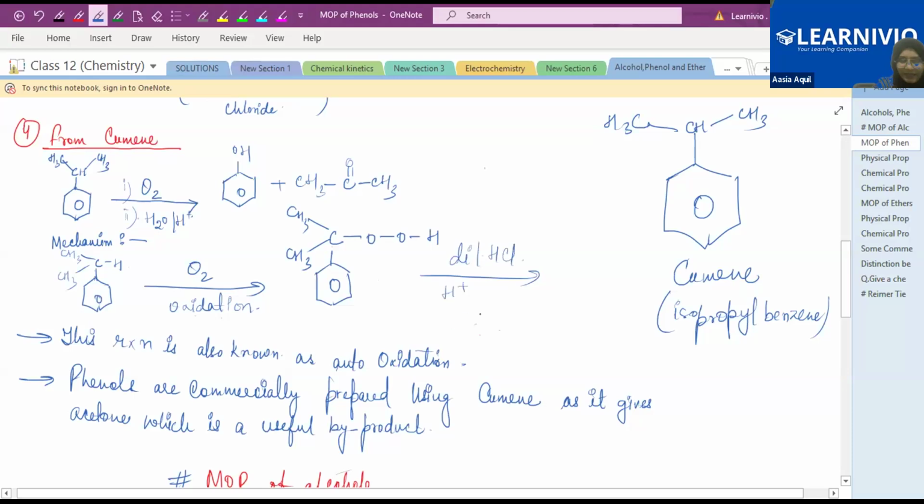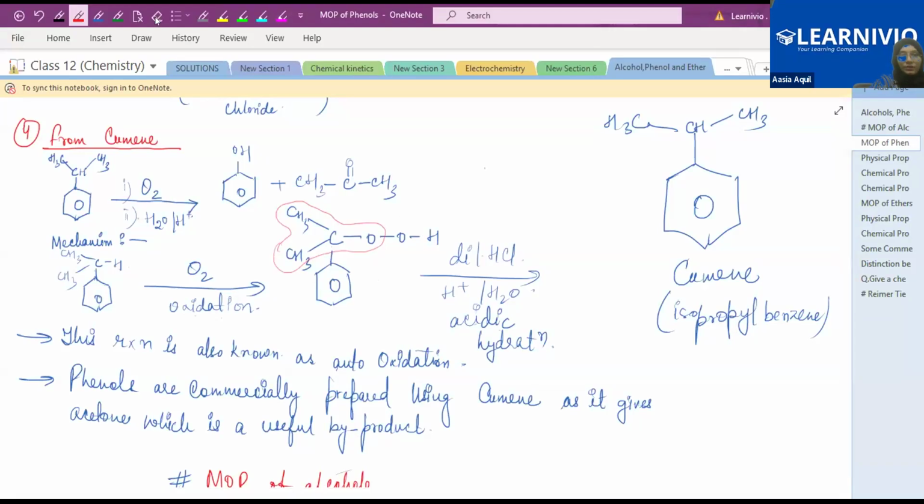Basically, you are just doing the acidic hydration, hydration in the presence of an acid. So H plus in the presence of H2O. In acidic hydration, this whole thing, CH3, CO, CH3, will be removed as acetone. This is acetone. So acetone will be removed and you will get a phenol.